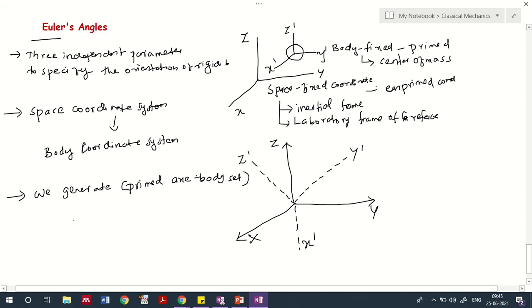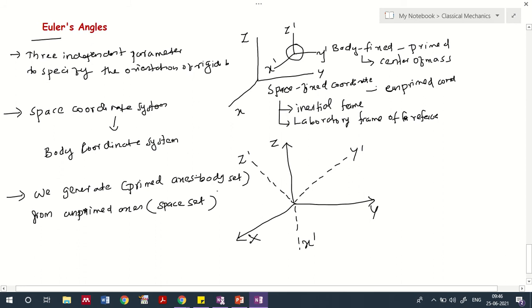So we generate a primed axis, or a body set, from an unprimed axis. From a space coordinate system, we need to create a body coordinate system. The unprimed axis is the space set, or rather we can say the inertial frame of reference.